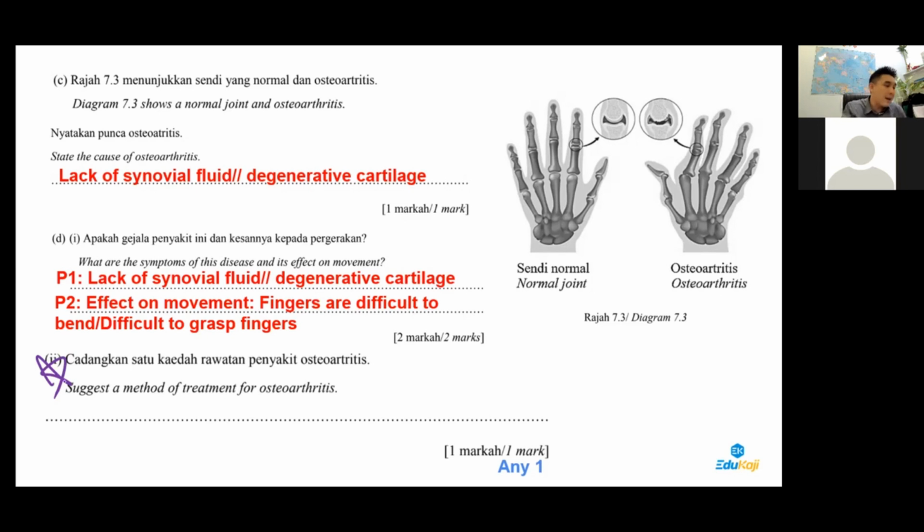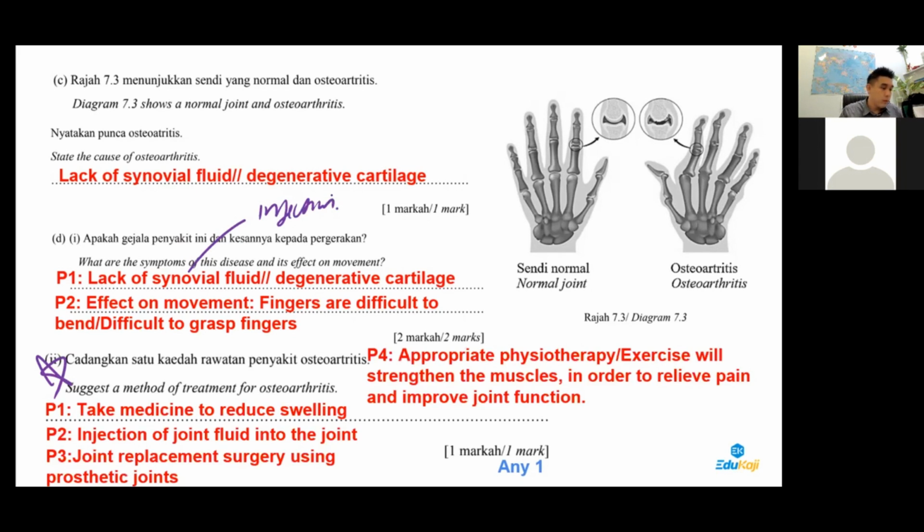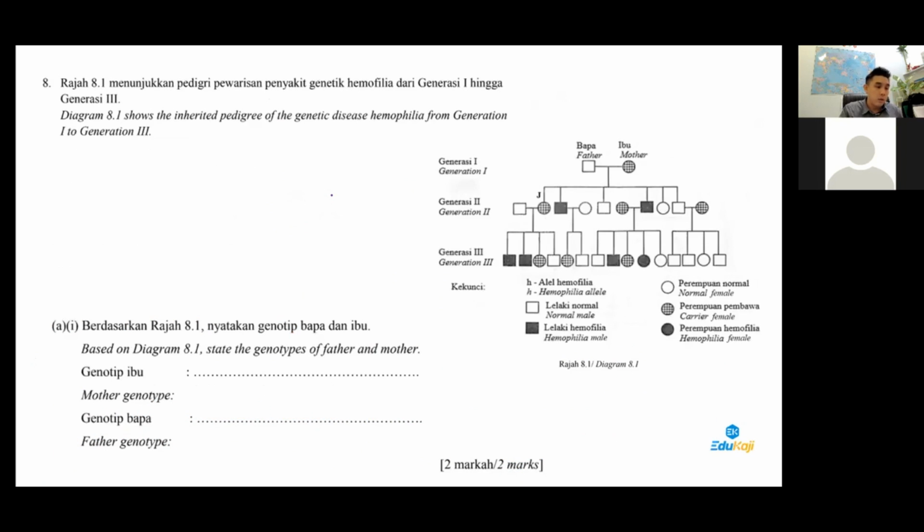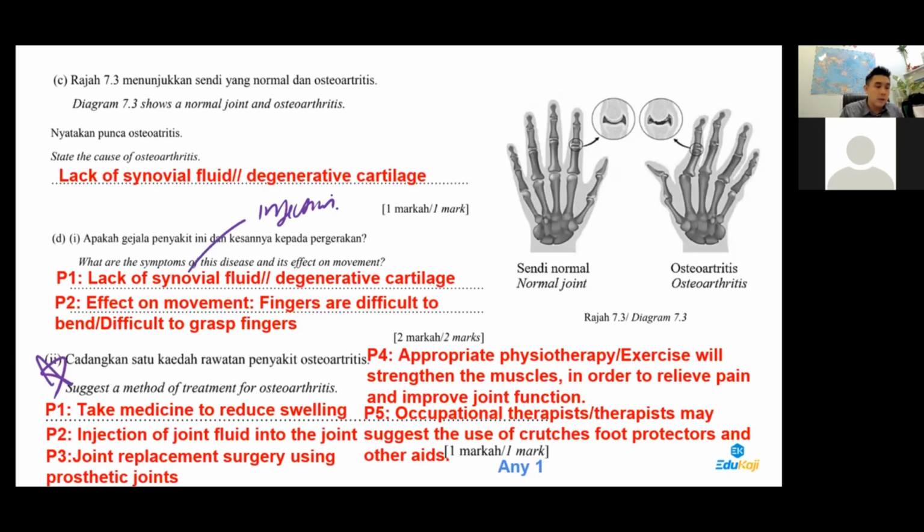If let's say you write lack of synovial fluid, have to go for injection to add fluid to the joint. Oh, there are many answers. Okay, guys, but depending on what you wrote, you can write physiotherapy, injection of joint fluid. This one I don't quite recommend. Okay.